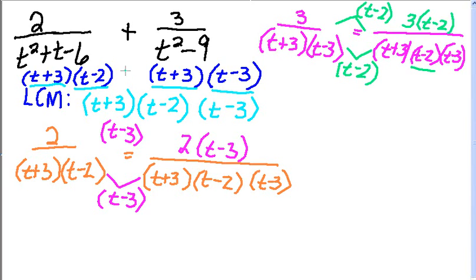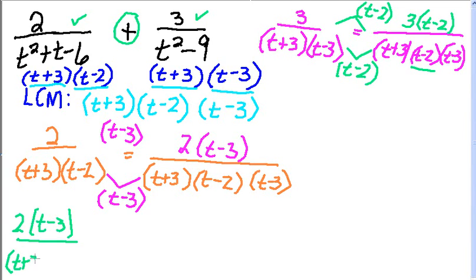Now that I have each one of these terms in terms of my common denominator, I'm now ready to actually perform the addition. So if I set up the problem, it's going to be 2 times t minus 3 over t plus 3, t minus 2, t minus 3.